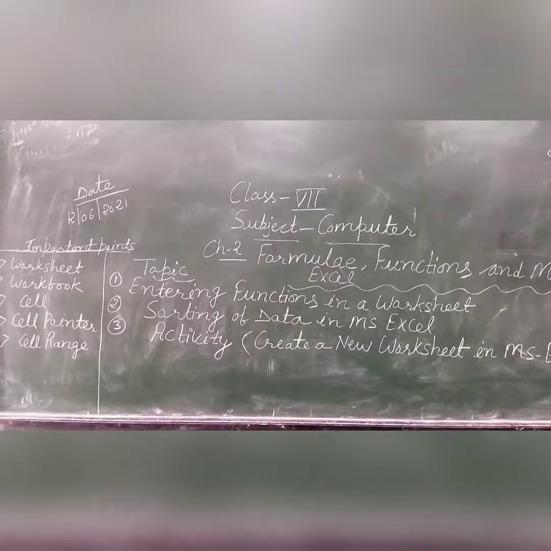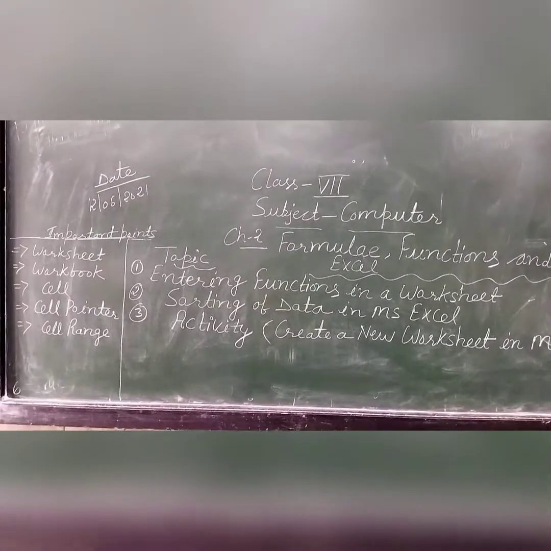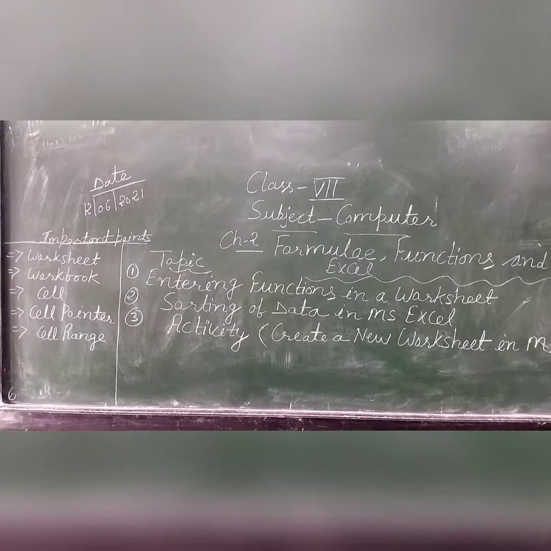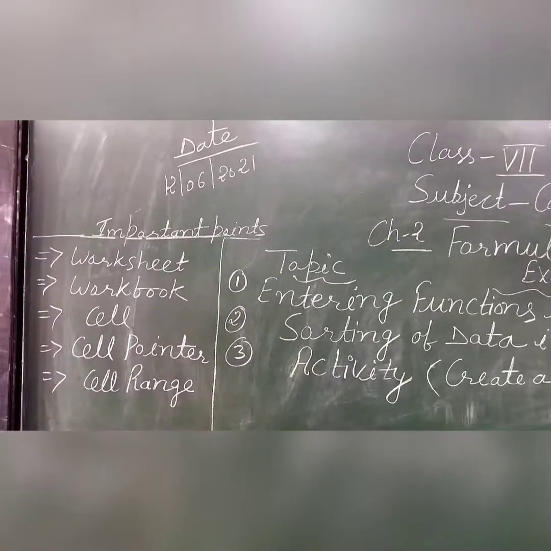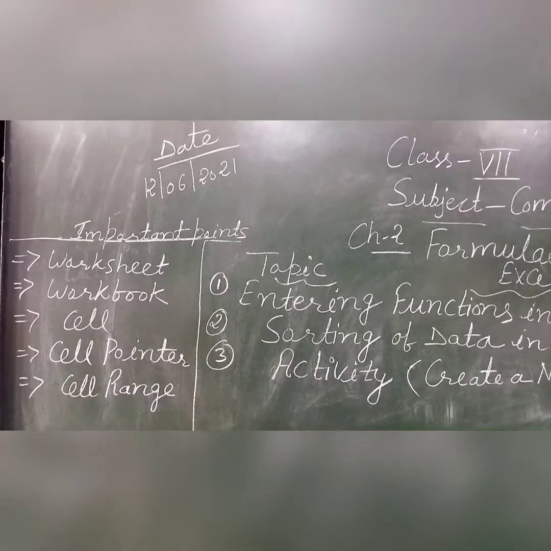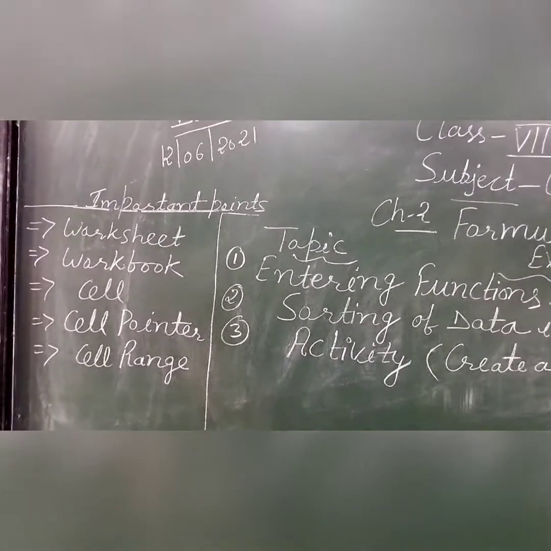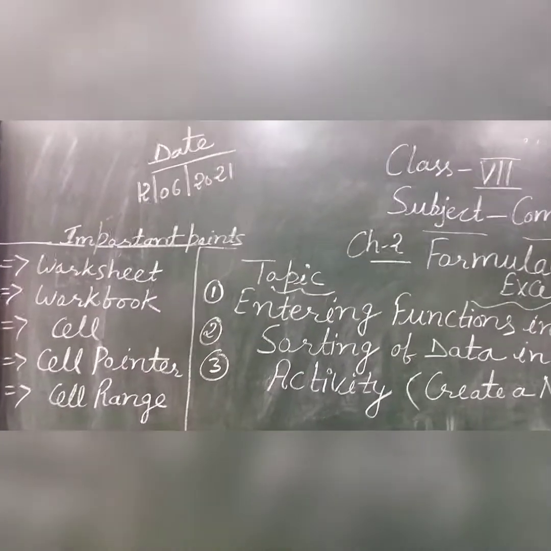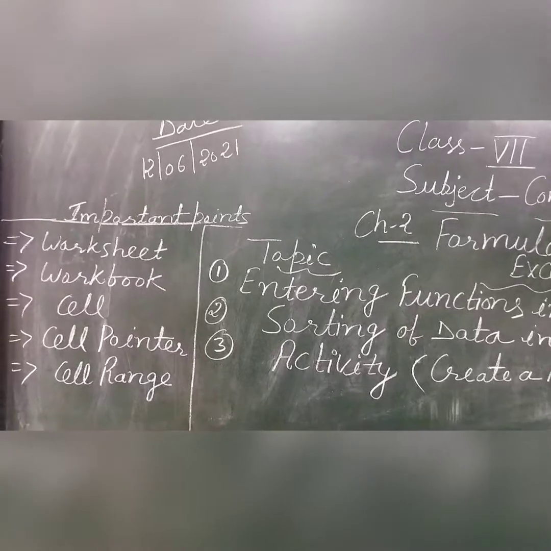First of all, students, we will learn about these important points: worksheet, workbook, cell, cell pointer, and cell range. So, a worksheet is an electronic sheet consisting of a grid of rows and columns. The second important point is a workbook.